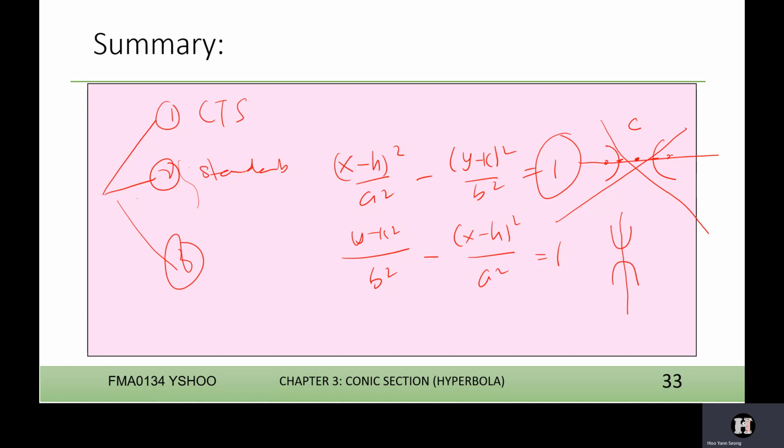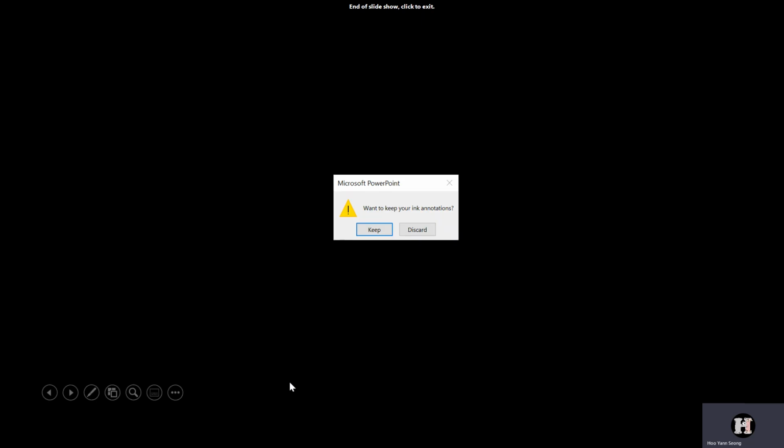First thing is always try to identify the shape of your hyperbola. Then after that you start doing some drawing or whatever, then you can get your hyperbola. Okay, so your chapter 3 is finished.